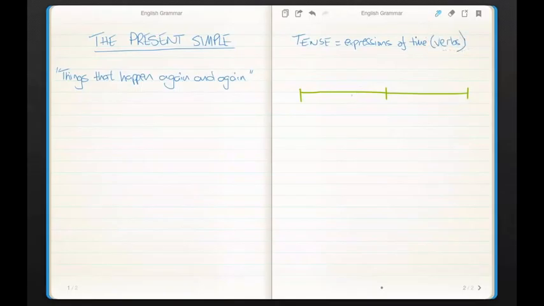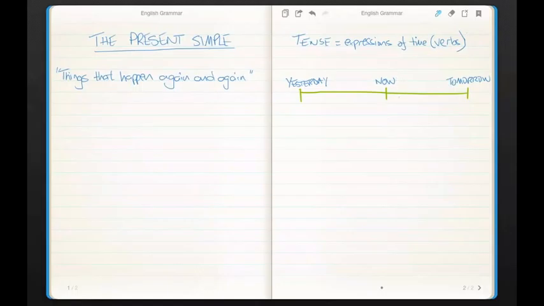So say, for example, I've drawn a little timeline here for you. If we say in the middle that this is now, and over on the right we've got tomorrow, and to the left we've got yesterday. Well, if we're talking about what's happening now, we're talking about the present tense.